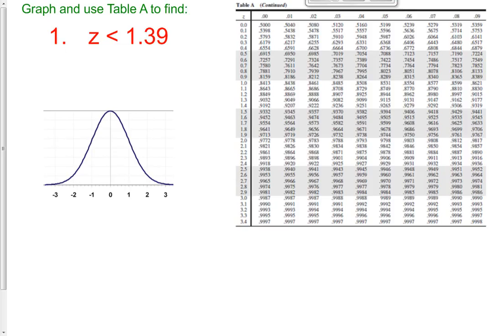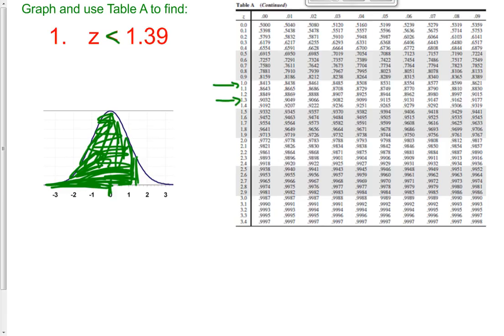So here's our first one. We're basically asking if there's a Z-score of 1.39, that's roughly right about here, what percent lie less than? So we would shade all of this. Well, we know that it's got to be greater than 50% because to the left of 0 is 50% of the data, and we're going all the way to 1.39. So what percent is less than 1.39? Well, here's 1 right here. Here's 1.3.